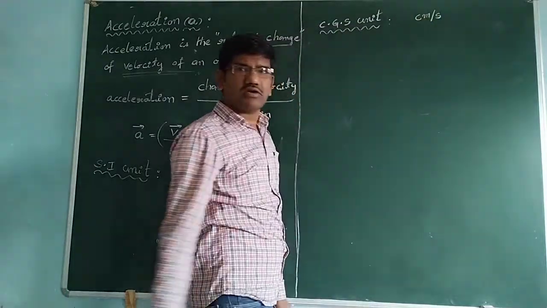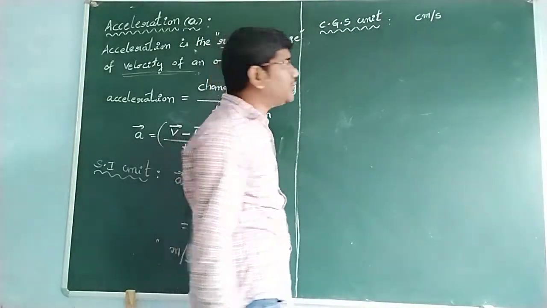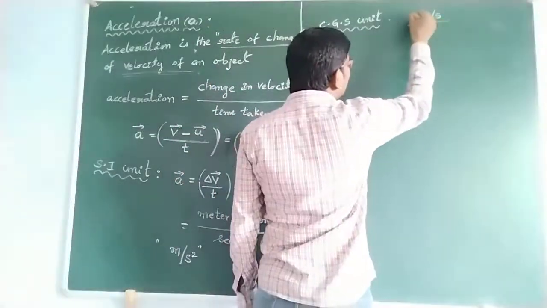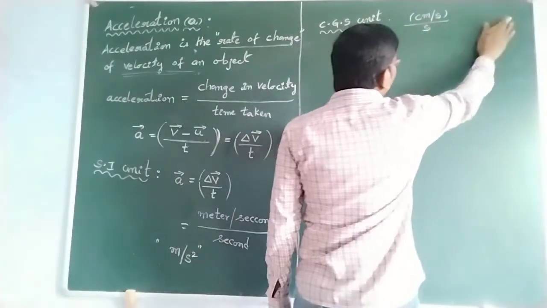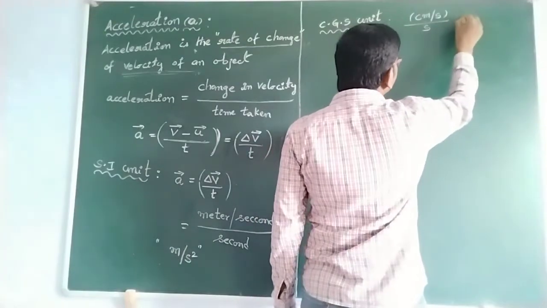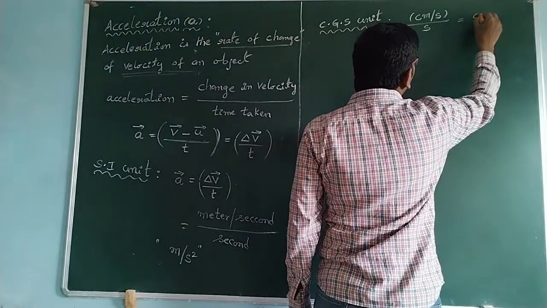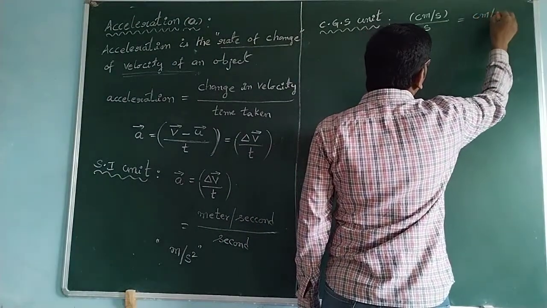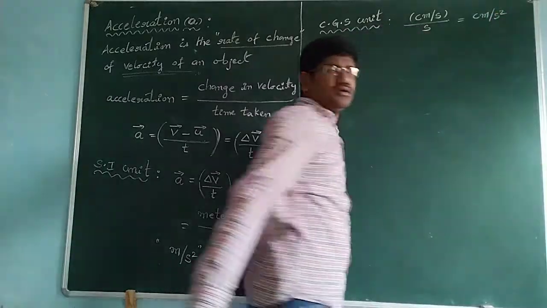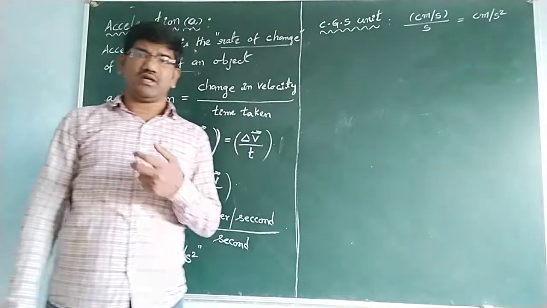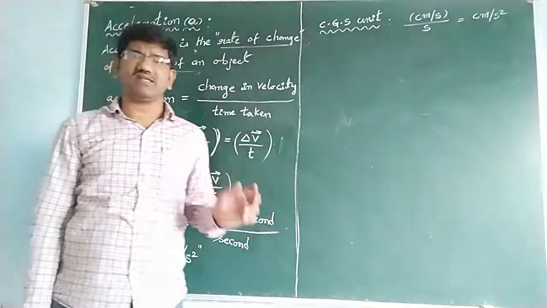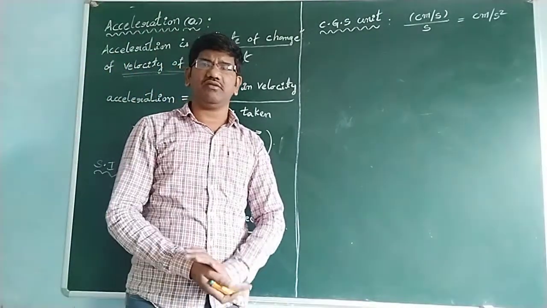I already told you clearly in the velocity concept, and by the time you should write second again, then it will become centimeter per second square. So those are the units of acceleration. We have seen that very clearly.